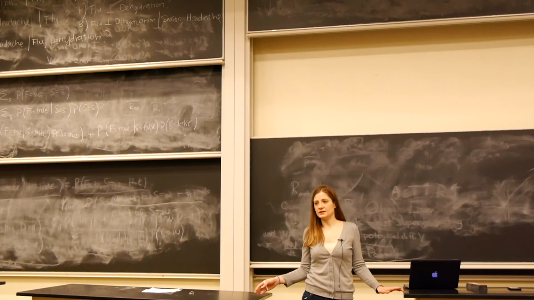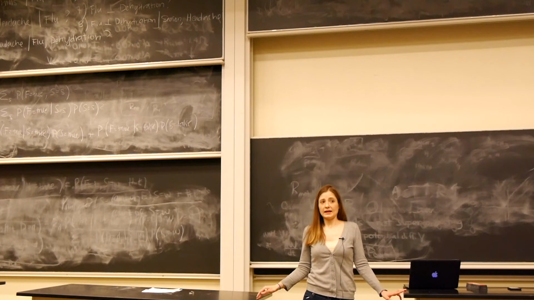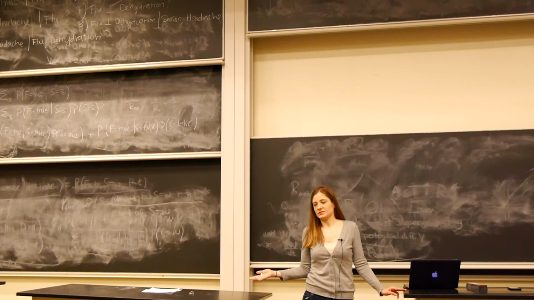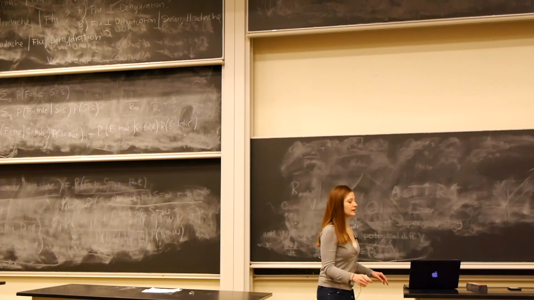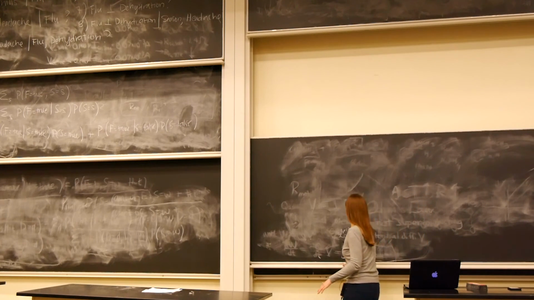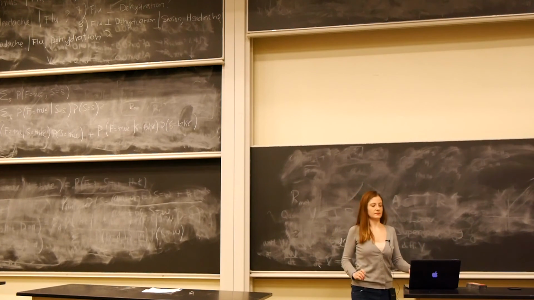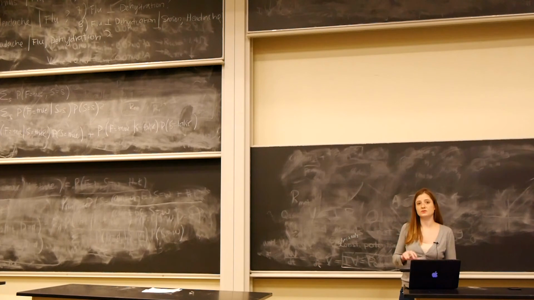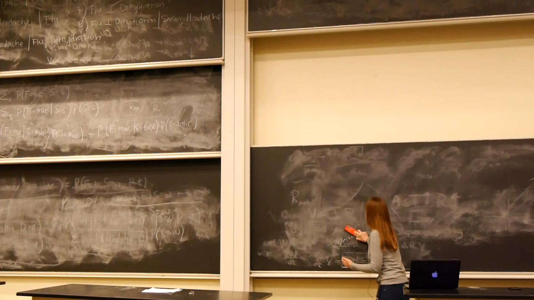So one method to do this is an algorithm that was talked about in class called expectation maximization, or EM, right? And this is basically an iterative algorithm. So E and M are the two steps that you perform on each iteration of the algorithm.